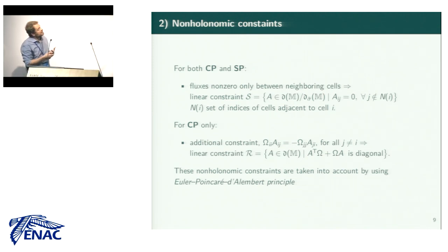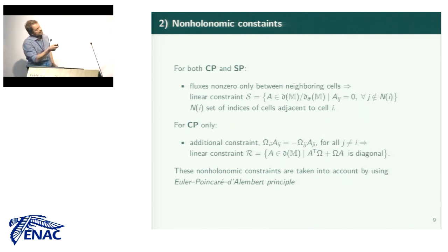So then, how do these non-holonomic constraints look like? For the compressible and for the soundproof cases, it seems natural that we don't want to allow fluxes over grid boxes that are not neighbors. So if there's more than one neighbor away, these fluxes should be 0.